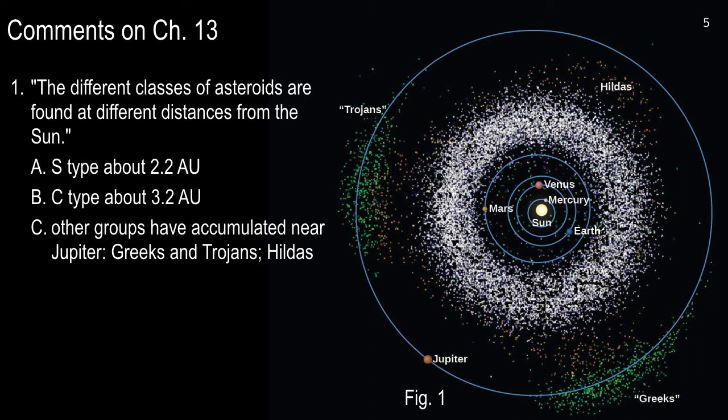Now, this other group, the Hildas, these are in what we call an orbital resonance. They're on highly elliptical orbits, and every 3 orbits they're out there at aphelion at the same time as Jupiter is out there. So they're near Jupiter at aphelion every 3 times they go through aphelion.